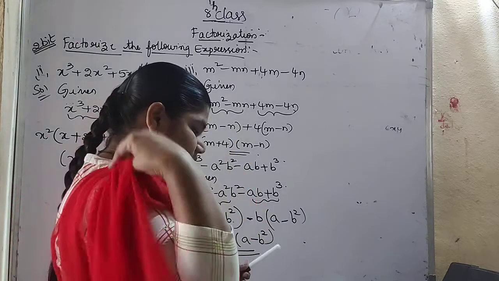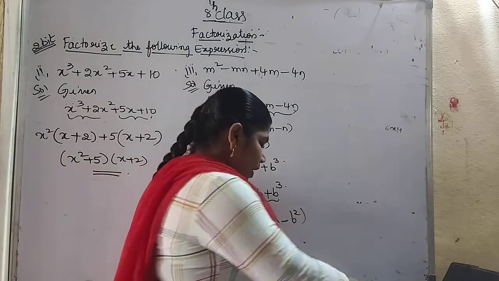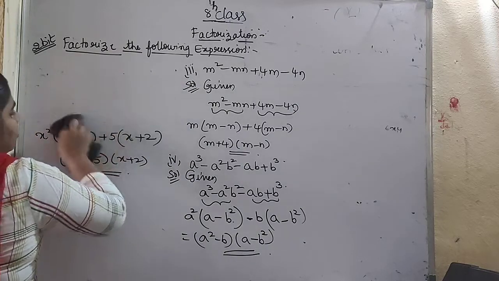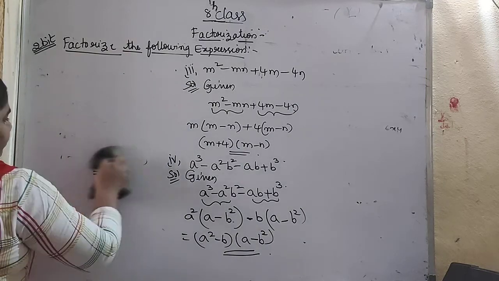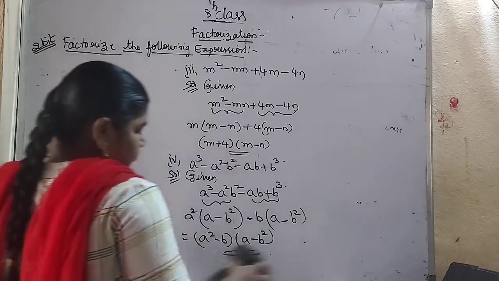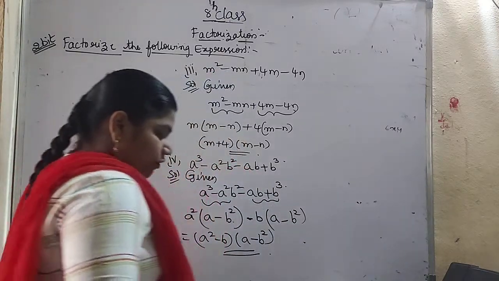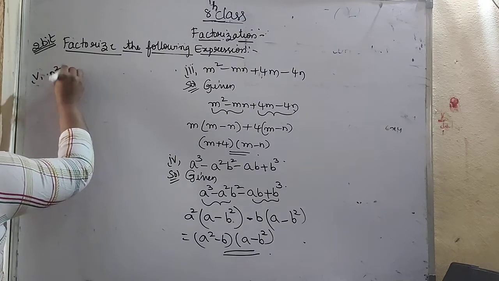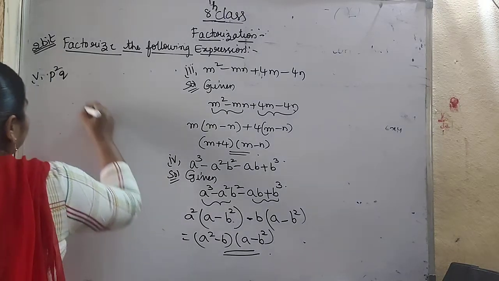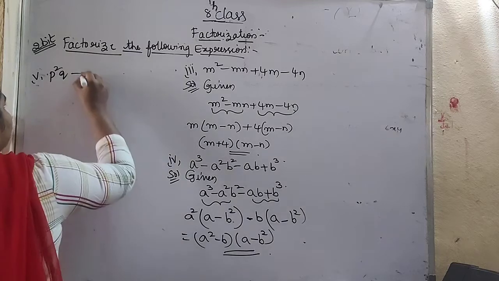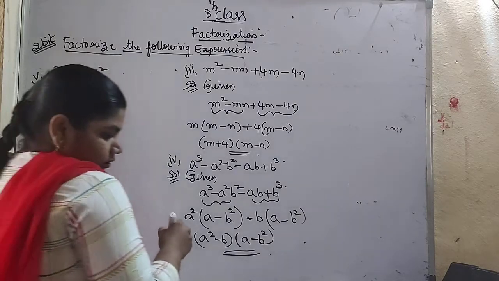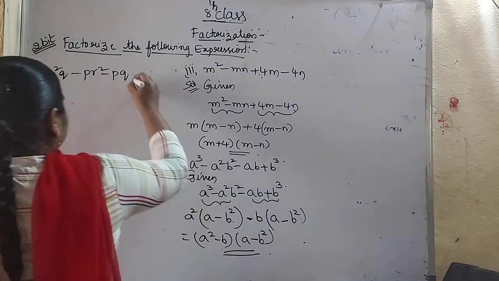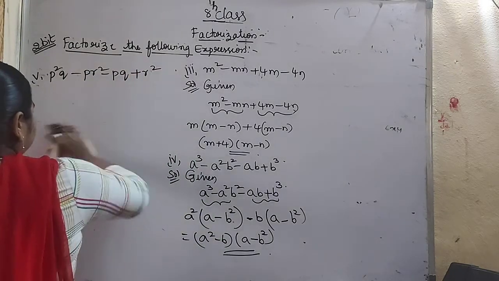Next, the last one in this, that is the fifth one. What is the fifth one? p square q minus pr square minus pq plus r square.